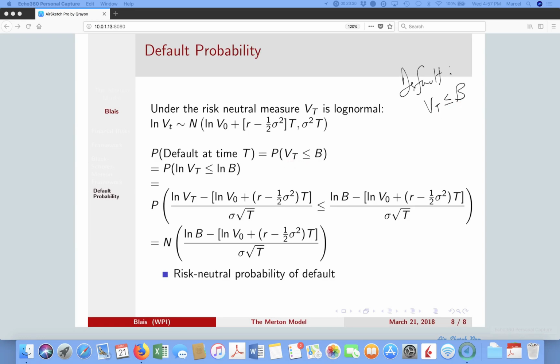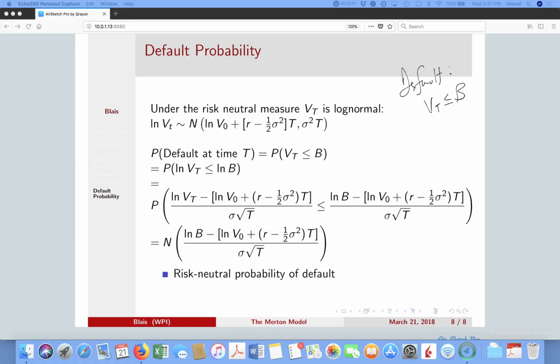And we can work through that. So now, because the natural log is a strictly increasing function, we can take logs of both sides of this inequality. We don't change the event at all. So this default probability will be the probability of log of the value of the firm at time capital T is less than or equal to log of B.